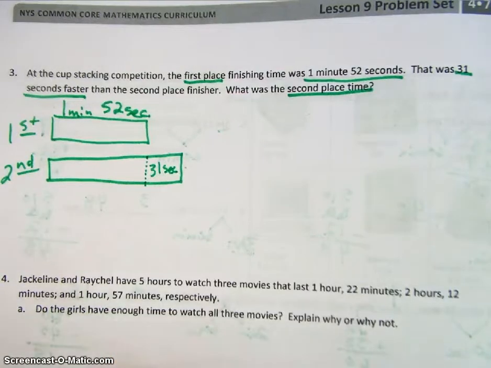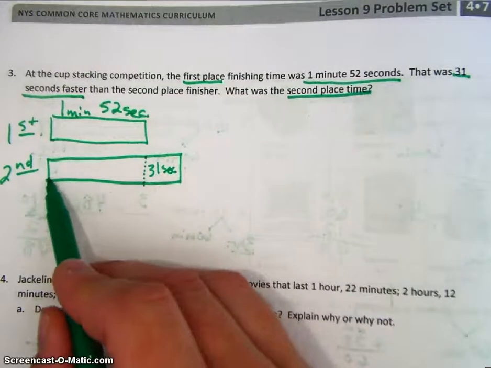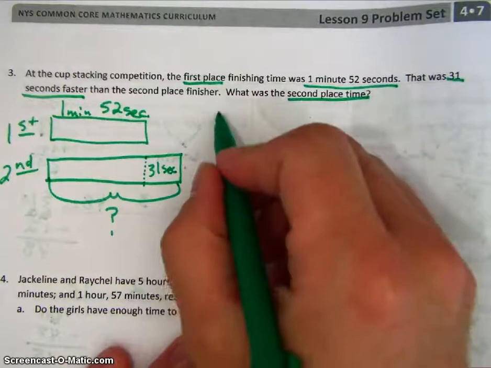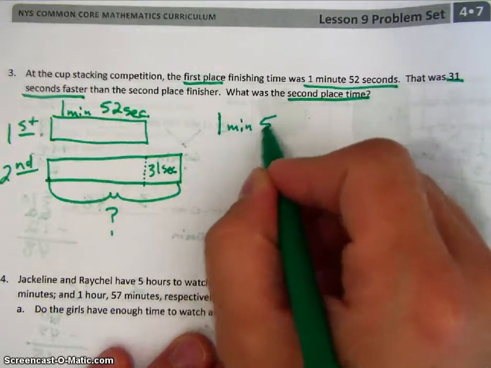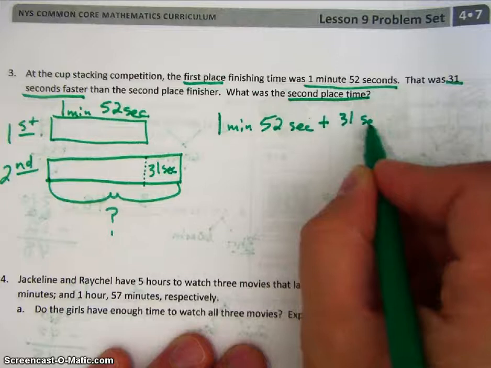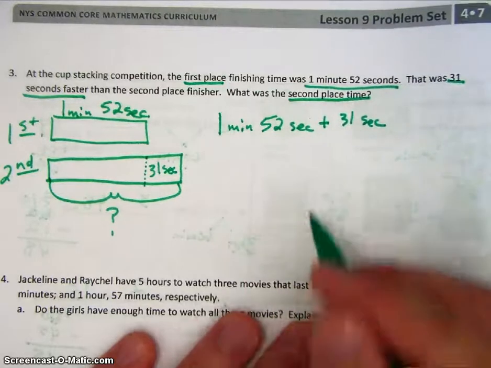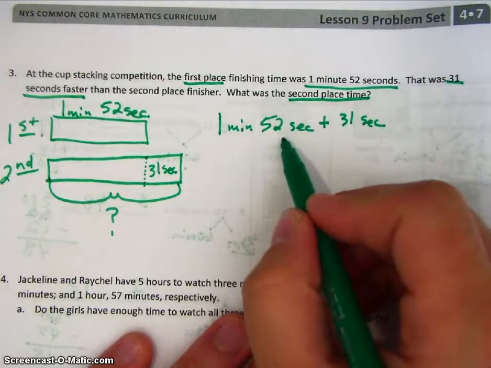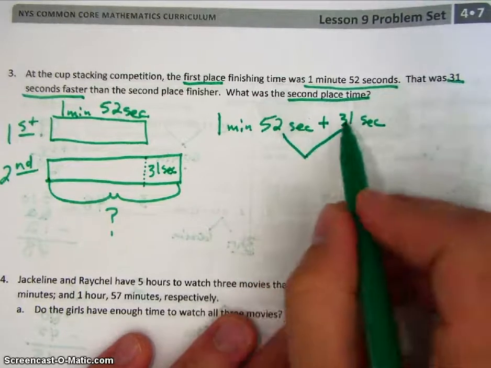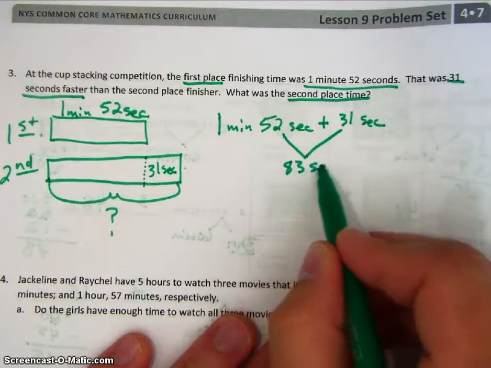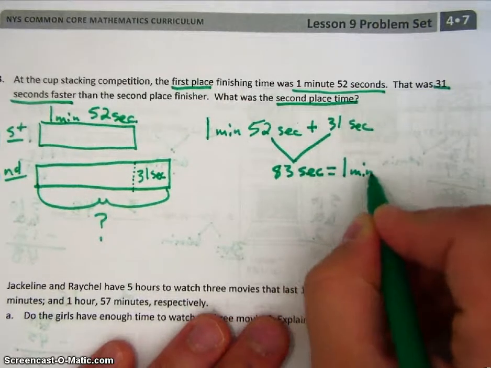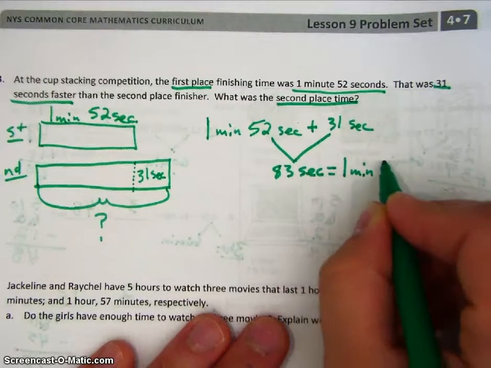So now we need to know what was the second place time. We need to know this amount right there. So we're going to take our 1 minute, 52 seconds, and we're going to add 31 seconds to it. Again, we add up our seconds, and I see that we have 83 seconds, which is 1 minute and 23 seconds.